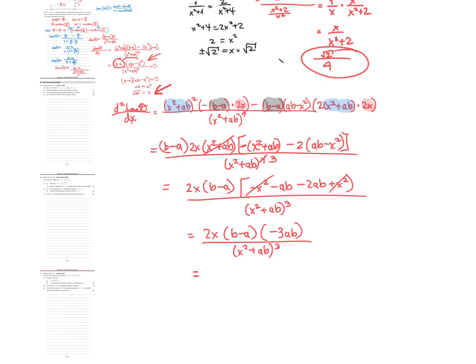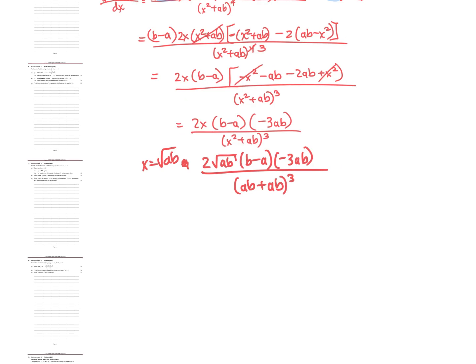So when we substitute that in, square root of AB squared is AB plus AB cubed. So x equals square root AB. So that is going to be square root of AB. And then we're going to have, hold on, I'll just do this.